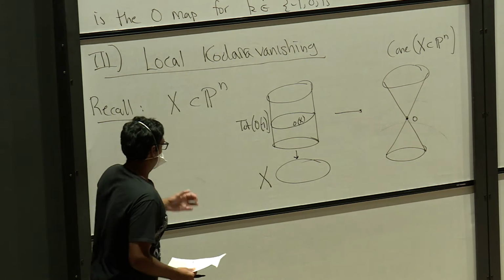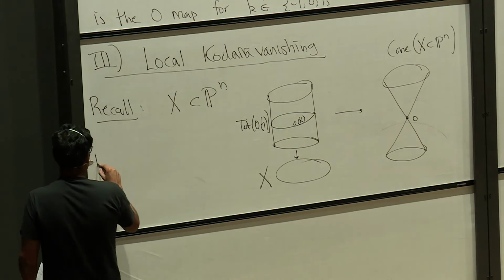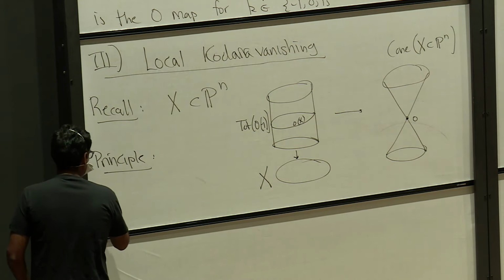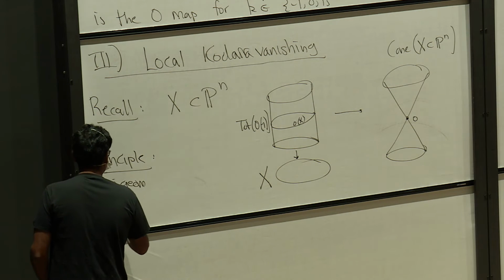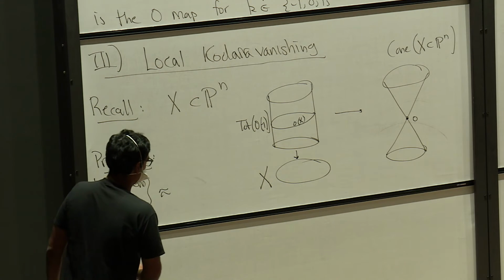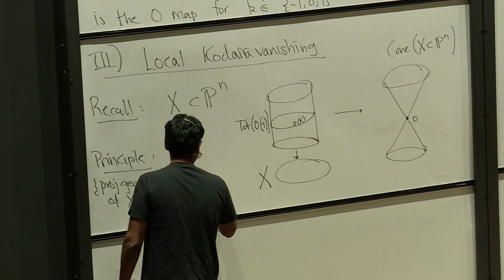It's a cone singularity. And then the principle is roughly that the projective geometry of X is closely related, in some sense that can be made more precise, to the affine geometry of the cone.